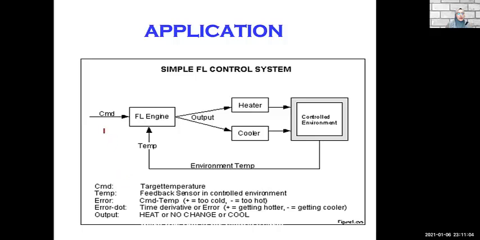So you calculate CMD, 20 minus 22, and you get negative. That means the room temperature is still hot. Then the error dot is the time derivative of error. Positive means getting hotter, negative means getting cooler.